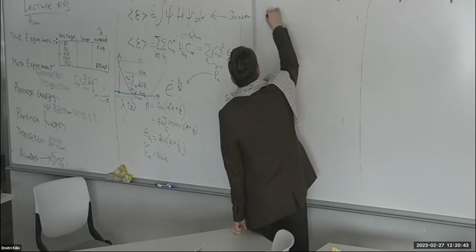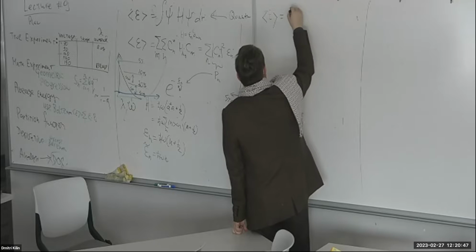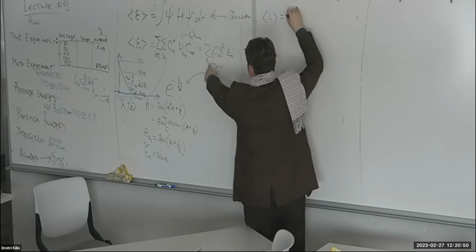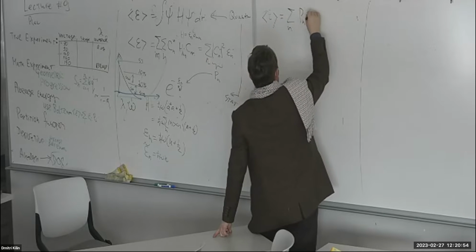So for a selected oscillator, I just rewrite this one. Summation of n, probability n, energy n.